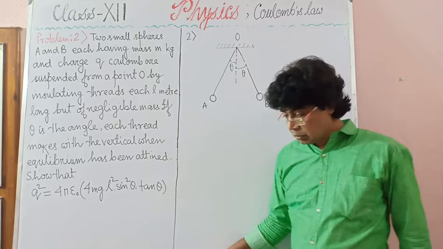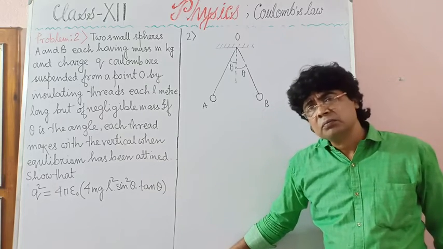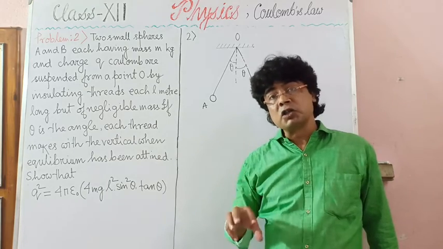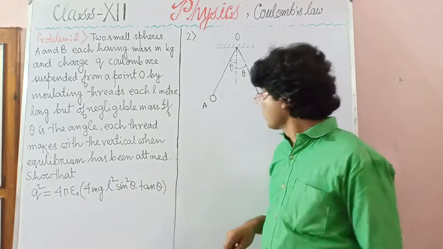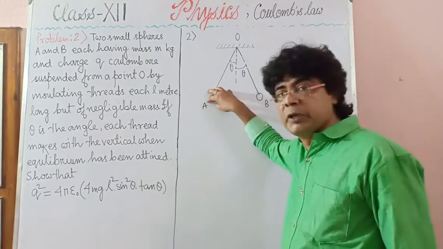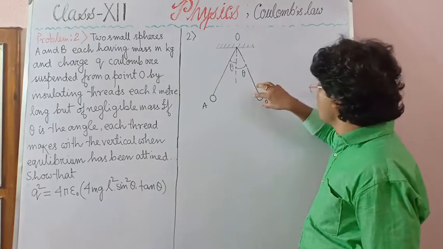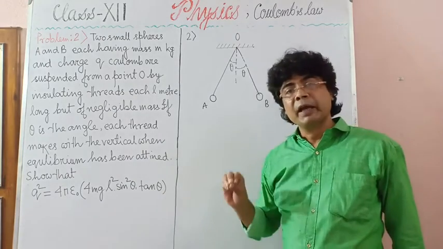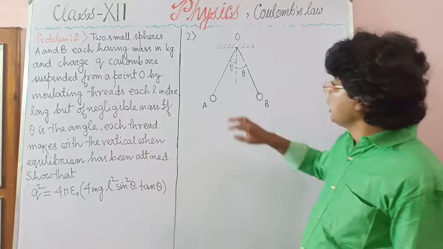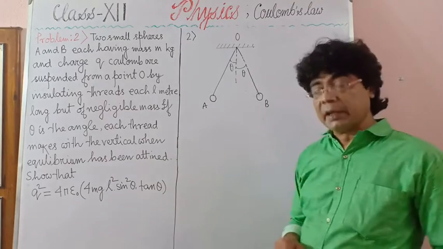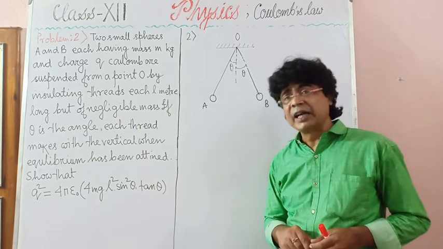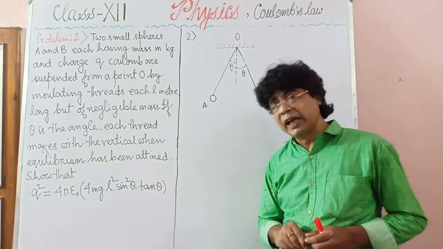Now, equilibrium means net force 0. So, net force on A will be 0. Net force on B will also be 0. Now we consider equilibrium of sphere A. Now, what forces act on sphere A in equilibrium?